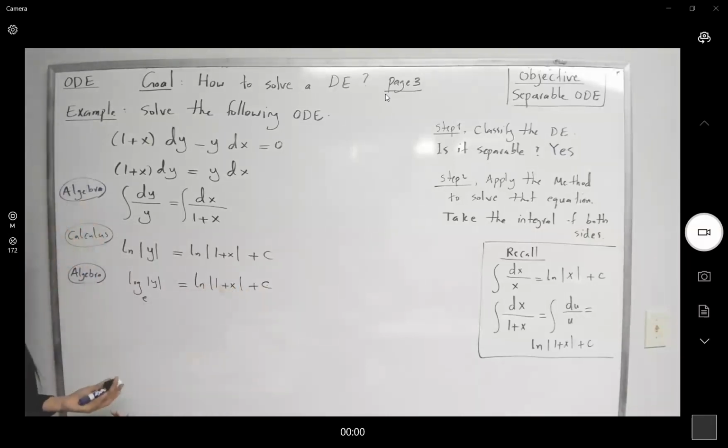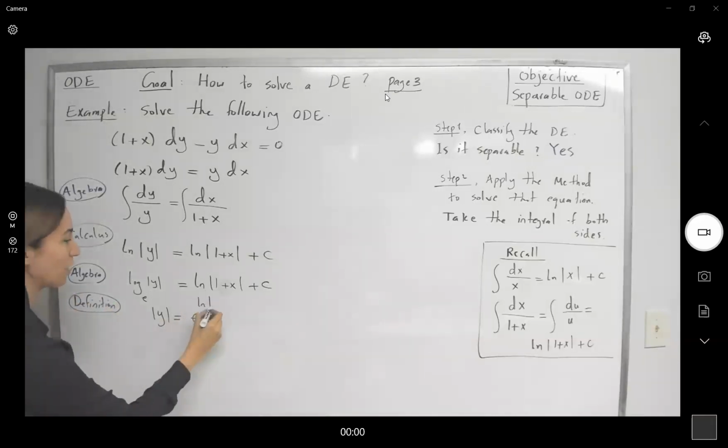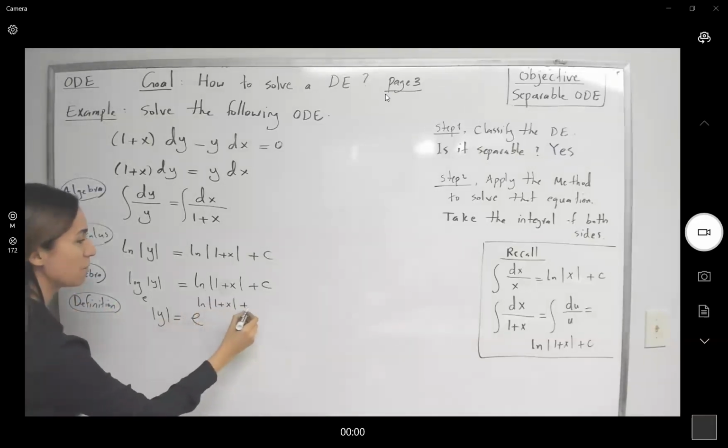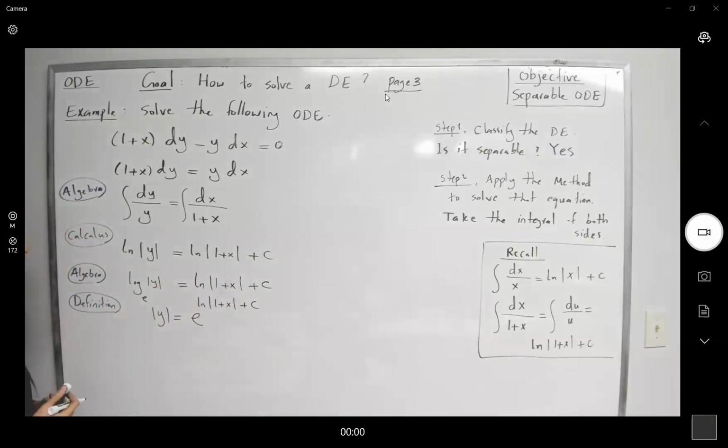So what's the meaning of that? Using the definition of natural log, here you have absolute value of y equals e to this power, which is ln of absolute value of 1 plus x plus c. Now what? Well, again, I can apply algebra here.